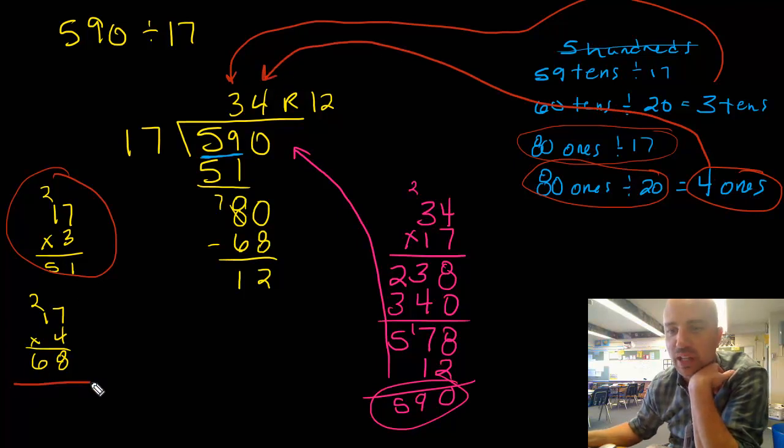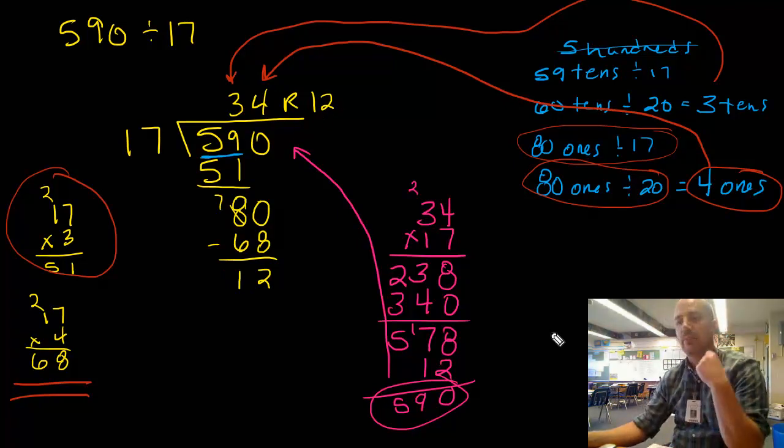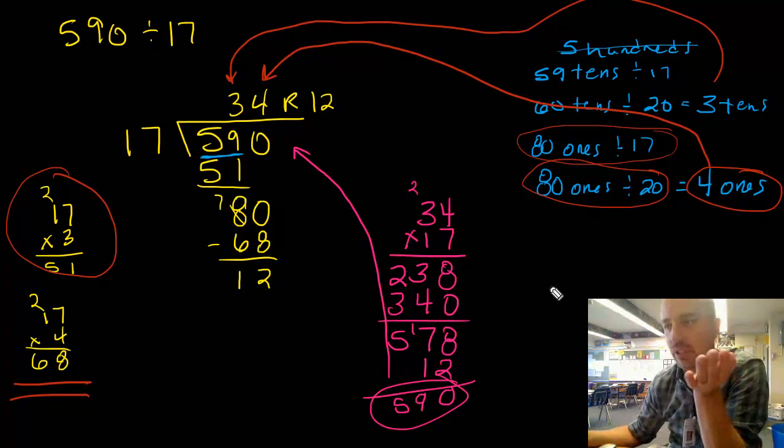And then we multiplied 4 times 17 to get a product of 68 and found our difference to be 12. So we said that we have 34 with a remainder of 12. We did the math on that to make sure everything matched up, and it sure did. And so we can definitely check this one off as being a correct answer.